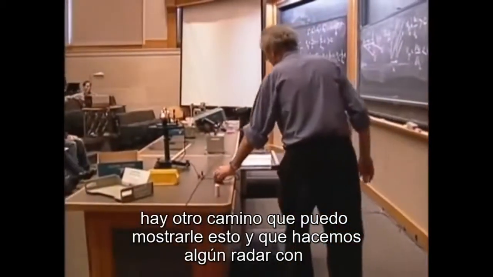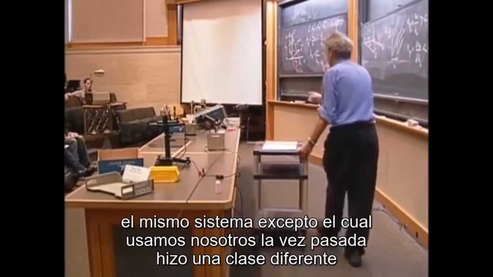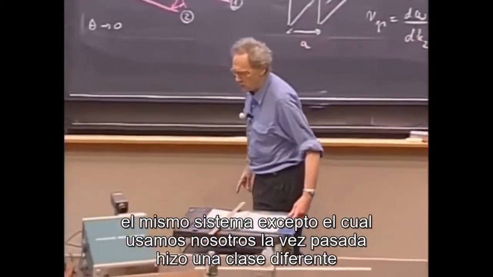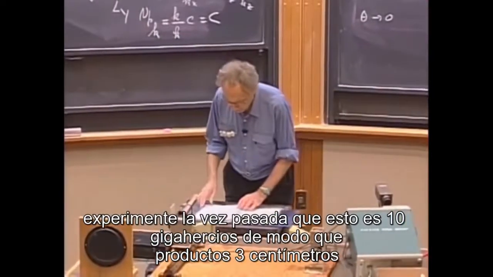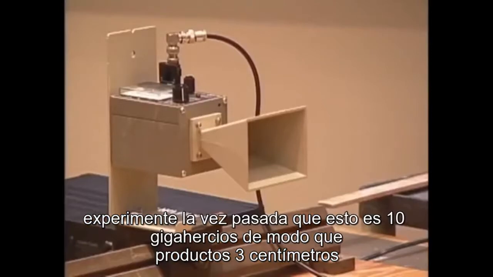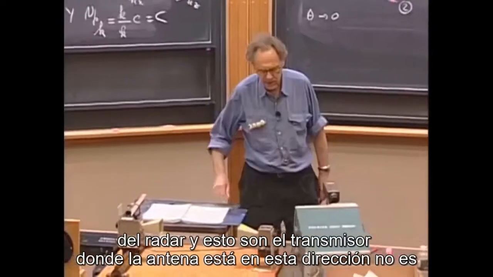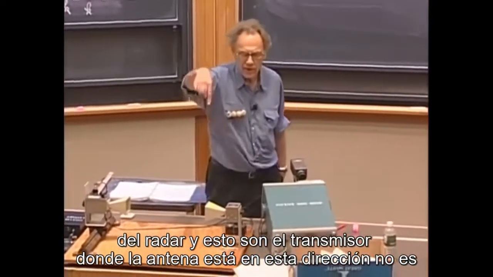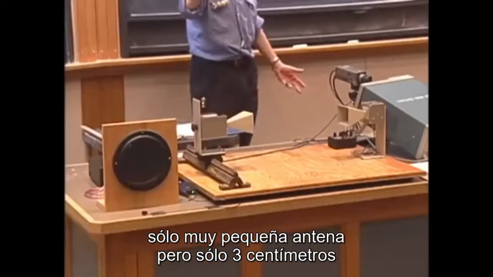There is another way that I can show you this, and that we do with radar, with the same setup that we used last time, except we did a different kind of experiment last time. This is 10 gigahertz, so that produces 3 centimeter radar, and this is the transmitter, where the antenna is in this direction.